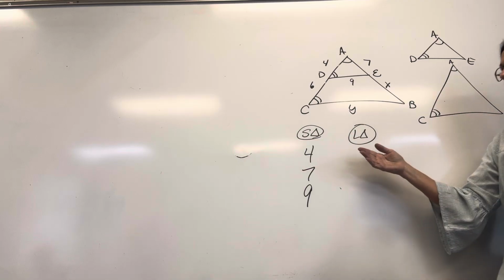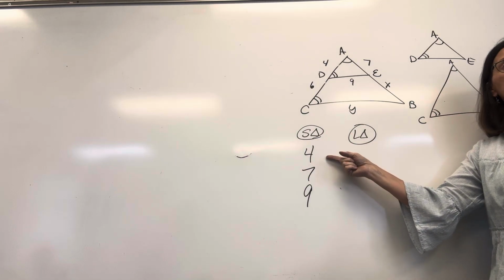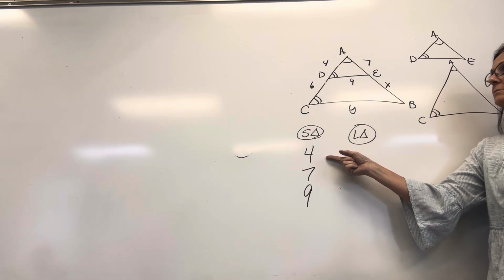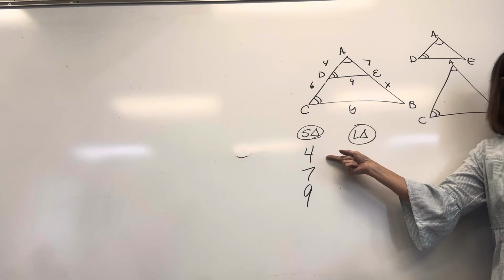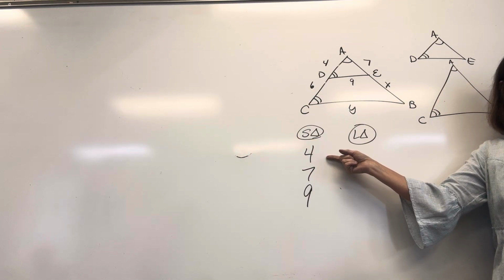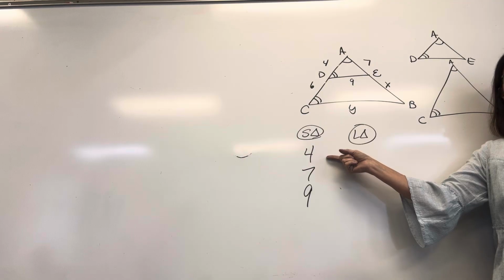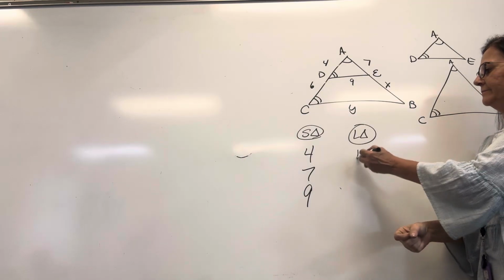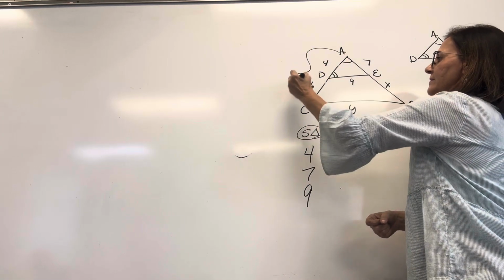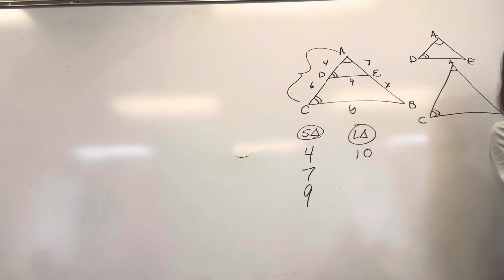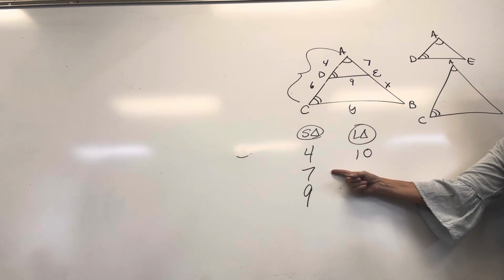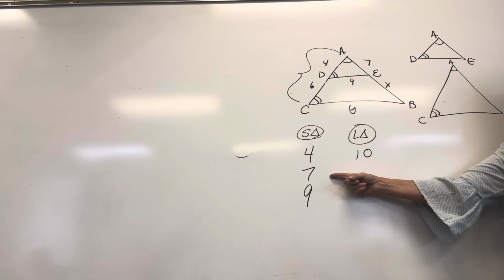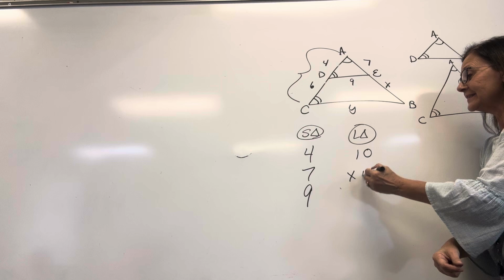In the large triangle, what side corresponds to side 4? Ten. This entire side. All right, what side corresponds to 7? 7 plus x. X plus 7.